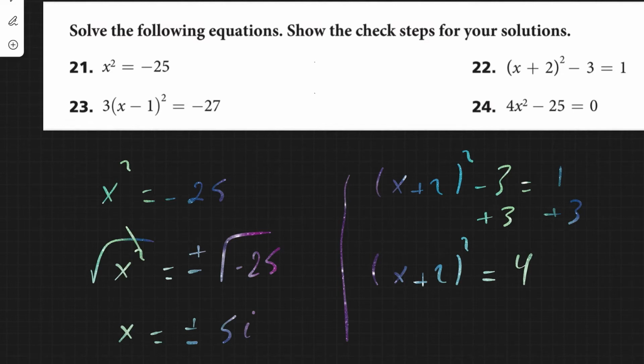The bracket is isolated. We apply its enemy to get rid of the degree 2. So we take the square root of both sides with plus or minus. So x plus 2 is equal to plus or minus the square root of 4, which is 2.